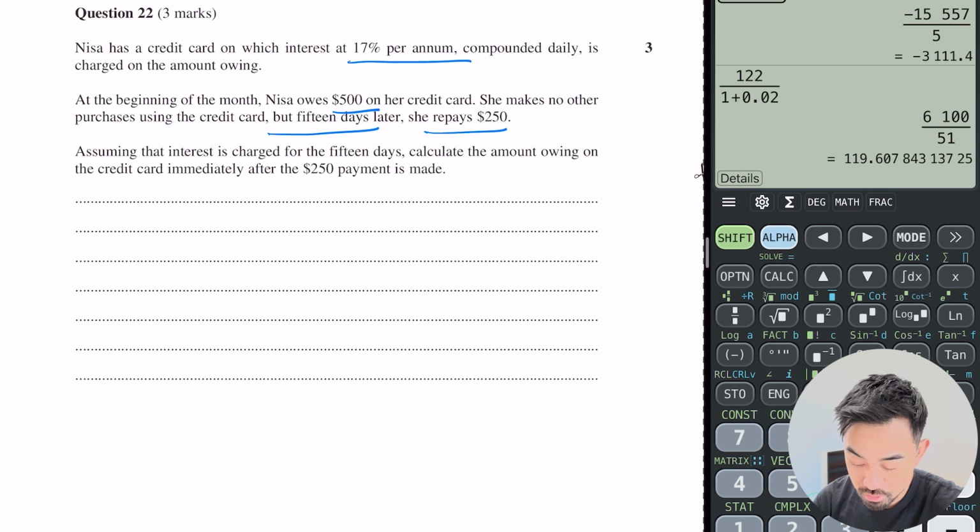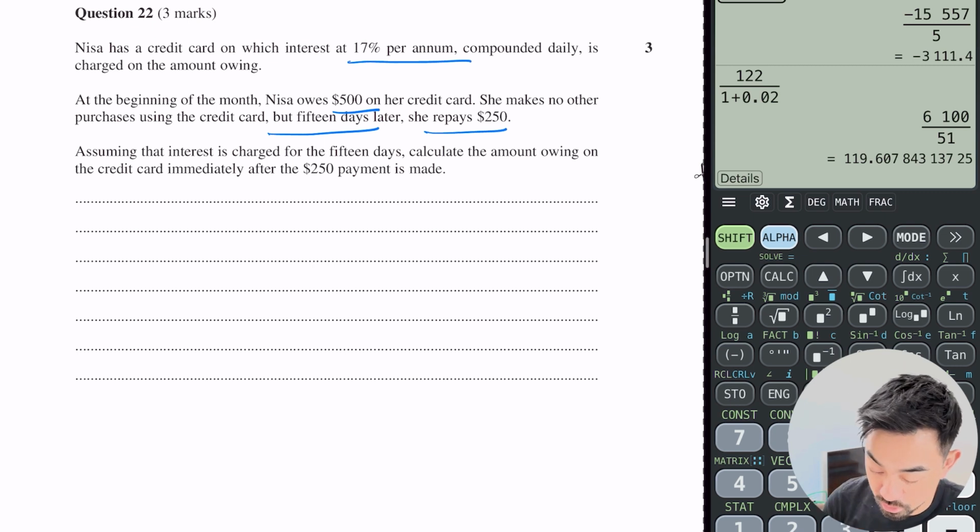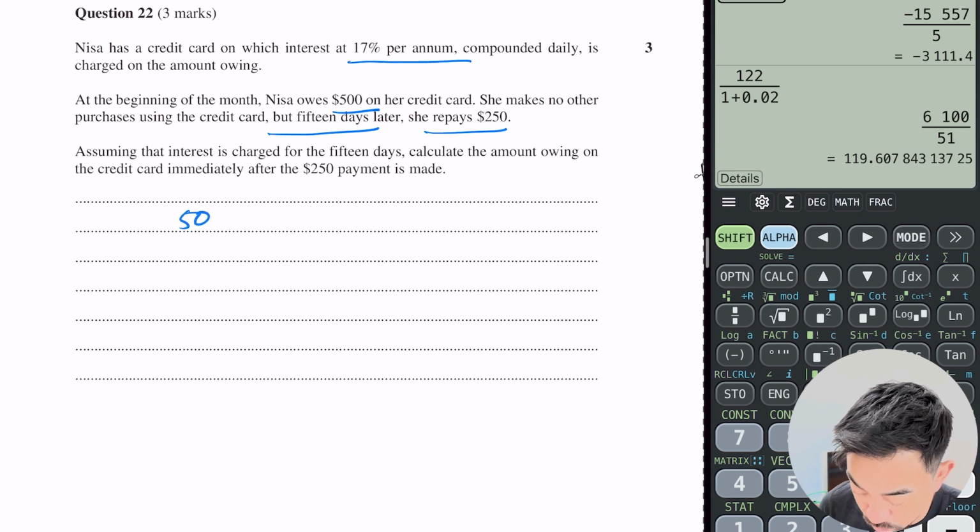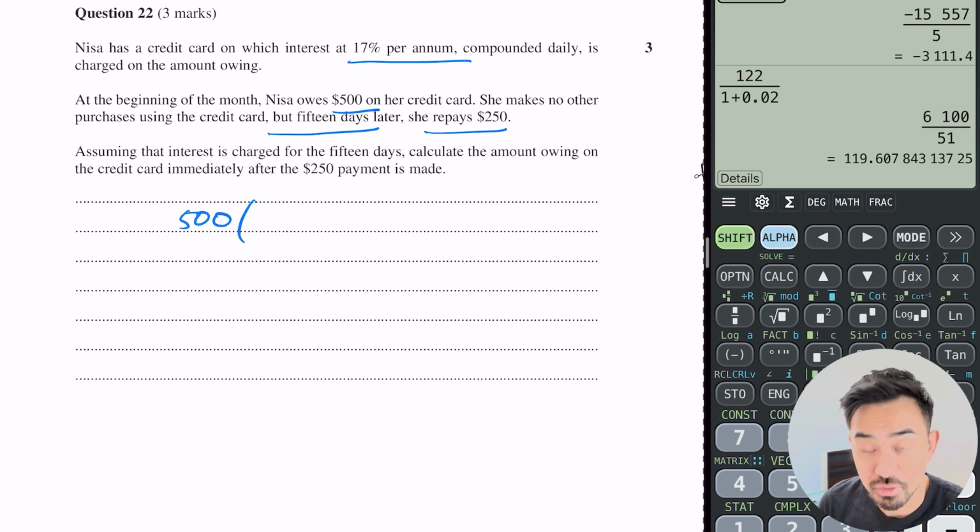Okay, so 17% per annum compounded daily. At the beginning of the month, she owes $500 and she makes no other purchases. But 15 days later, she repays $250. So assuming interest is charged for the 15 days, we've got to find how much is owed after the $250. Well, this one's pretty straightforward for a credit card question. She's owing $500 and she's got 15 days of interest on that.